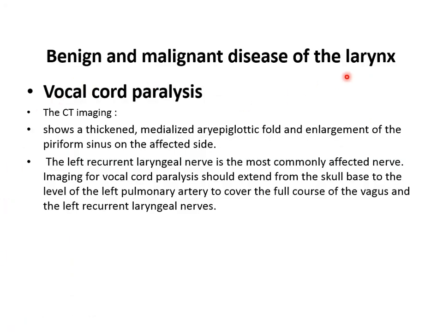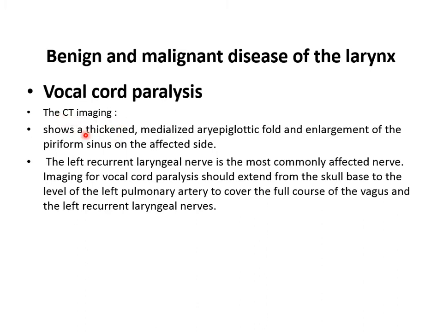Benign and malignant disease of the larynx. Vocal cord paralysis is commonly seen due to iatrogenic trauma after neck surgery, or may be secondary to a mass lesion in the thorax or mediastinum affecting the course of the vagus and left recurrent laryngeal nerve.